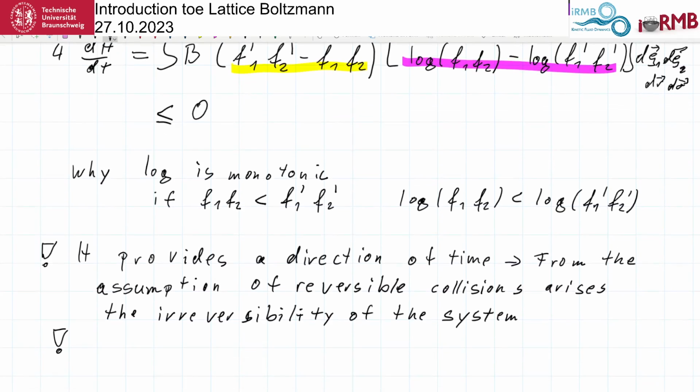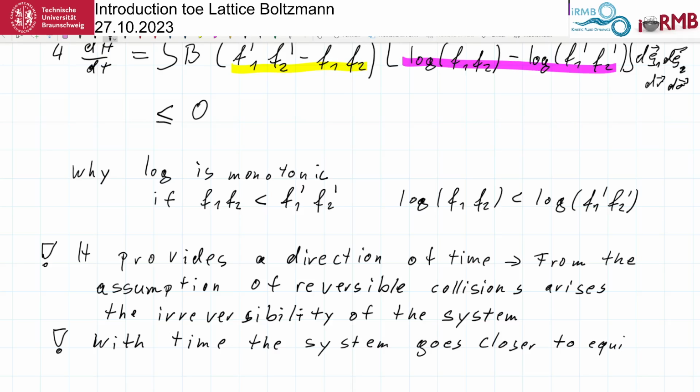Okay, so with time, the system goes always closer to equilibrium. So dH/dt.